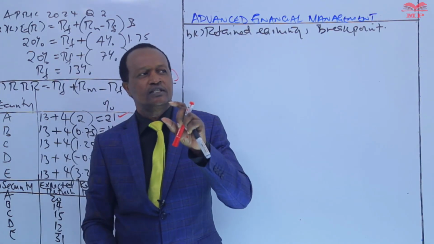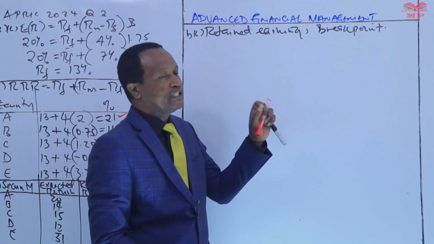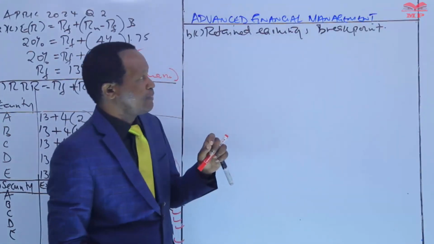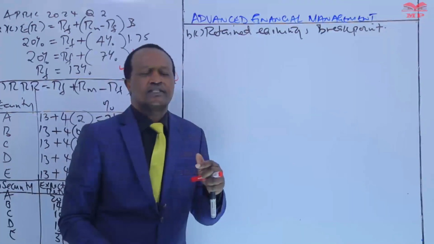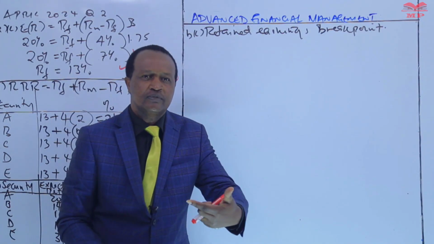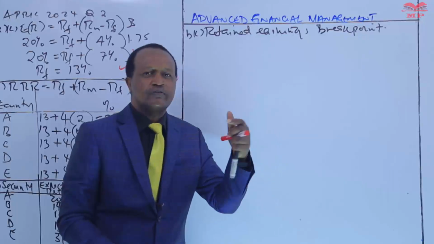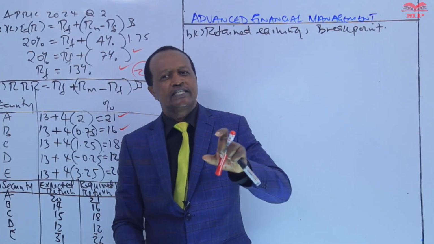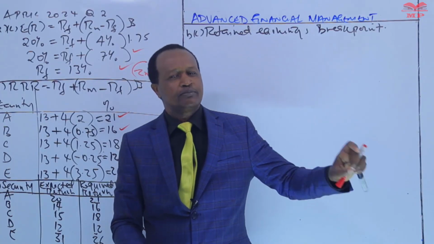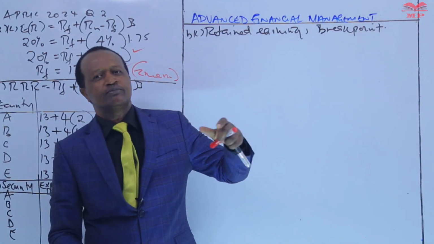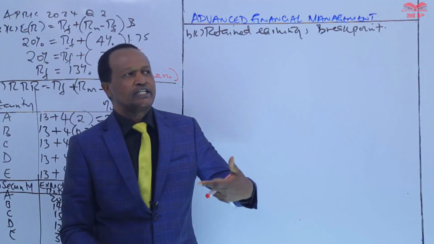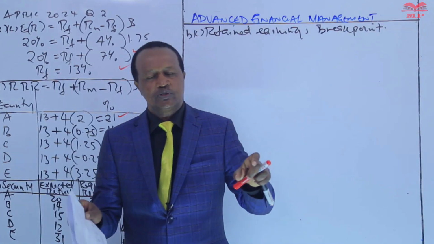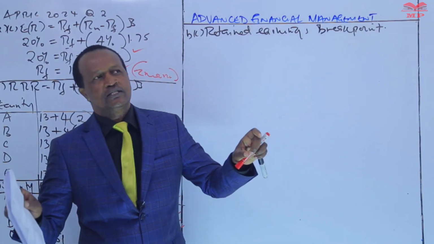So this retained earnings breakpoint is important for various reasons. One reason is that companies aim for an optimal mix of debt and equity financing. So when a company exceeds its retained earnings breakpoint, it has to raise more equity, which can disrupt the balance between equity and debt.